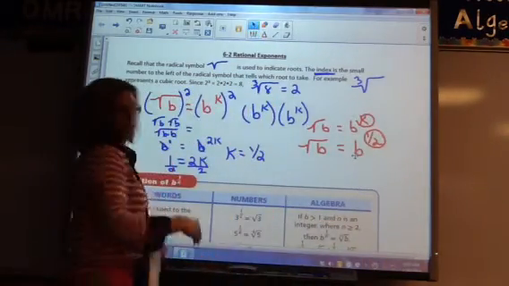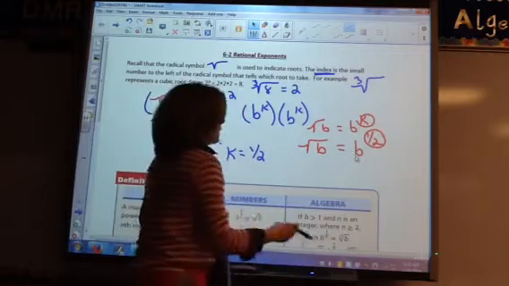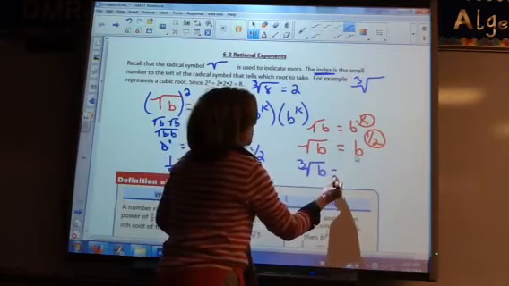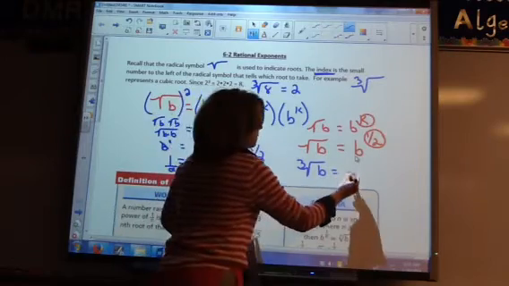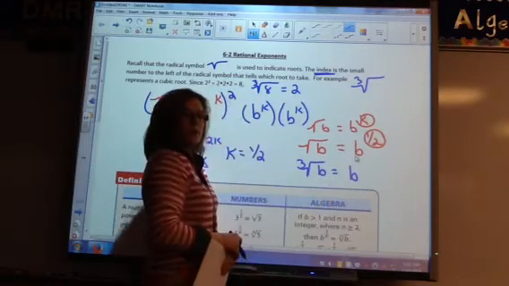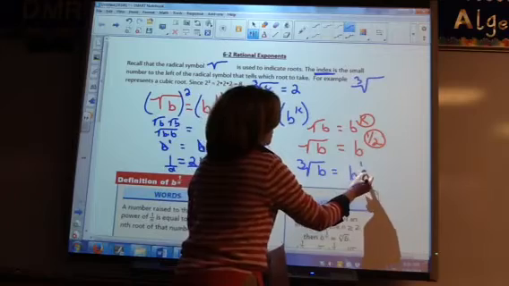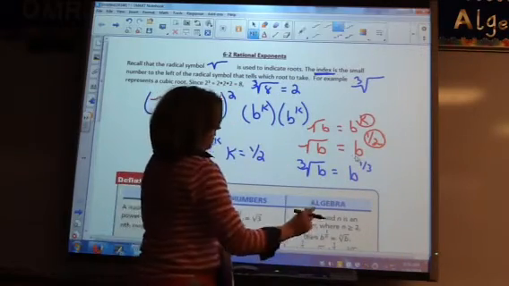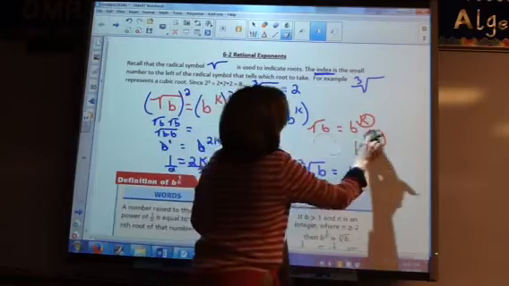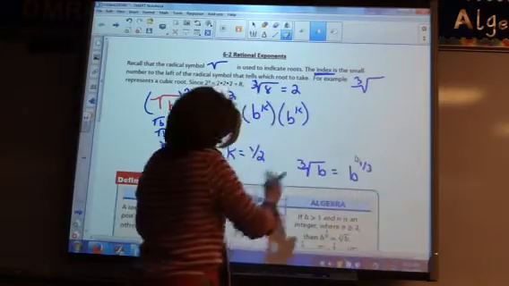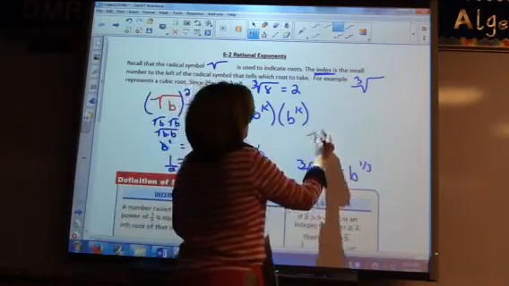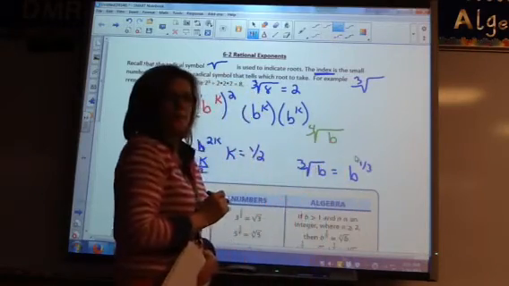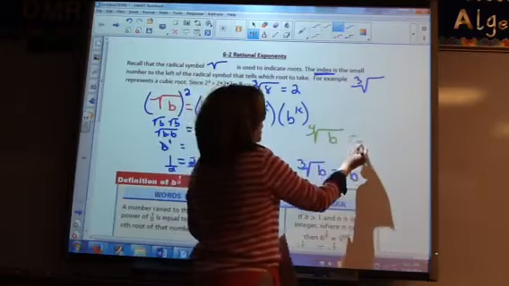The reason I'm trying to show you this is, what if we have the cubic root of b? What would b be raised to? 1/3. What if we have the 4th root of b? What would b be raised to?